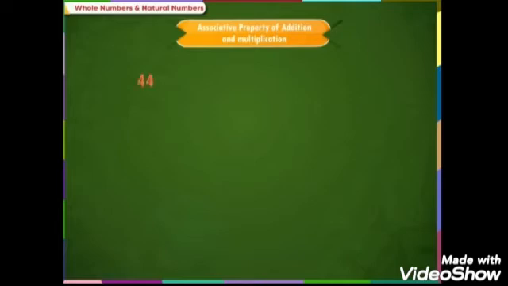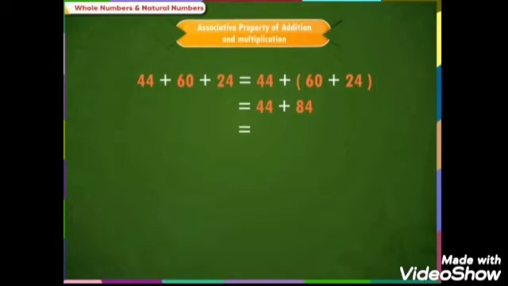Example: add 44 plus 60 plus 24. To add these 3 numbers, we can associate the last 2 numbers. That is 44 plus (60 plus 24) is equal to 44 plus 84, which gives 128.